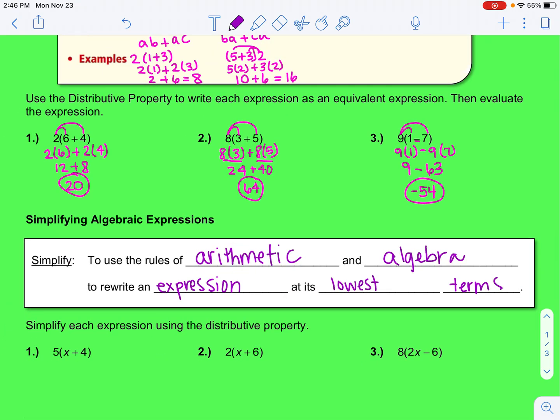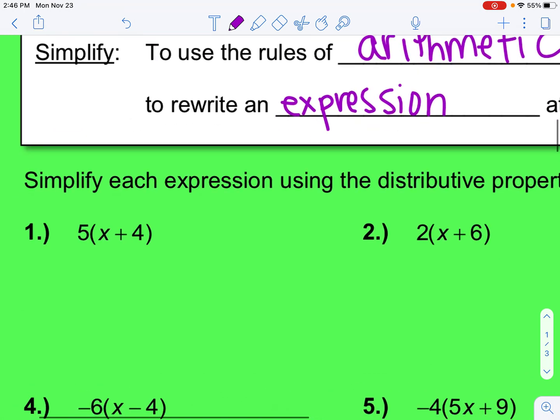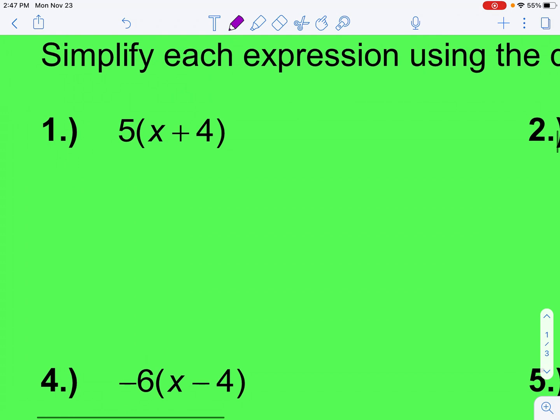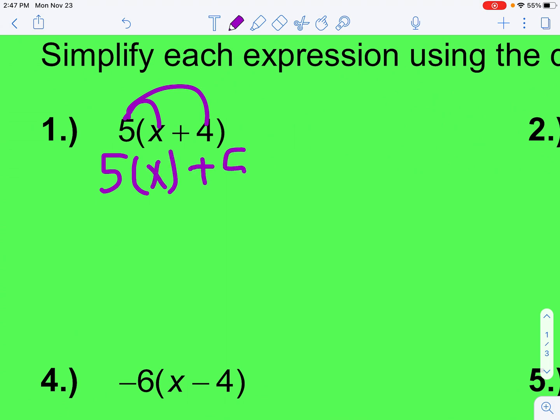I'll explain how we'll do it for our number 1. I'm taking 5 times x plus 4. We need to distribute this 5 to both the x and the 4. Let's rewrite this: 5 times x plus 5 times 4. 5 times x is really just 5x, and you can't simplify that any other way.